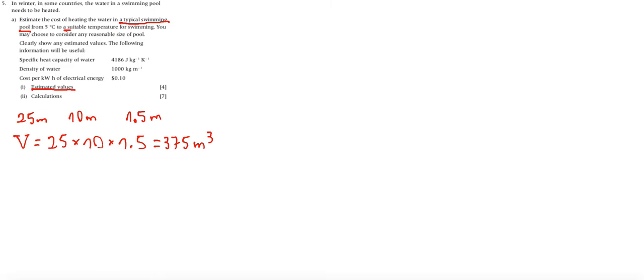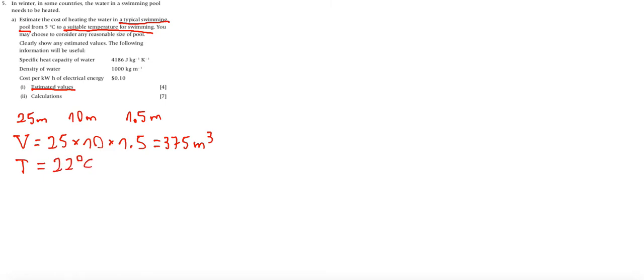I don't know exactly what a suitable temperature for swimming is. We can take 22 degrees Celsius or 25, and 22 will be easier to calculate. So let's state that the temperature of the water suitable for swimming is 22 degrees Celsius.